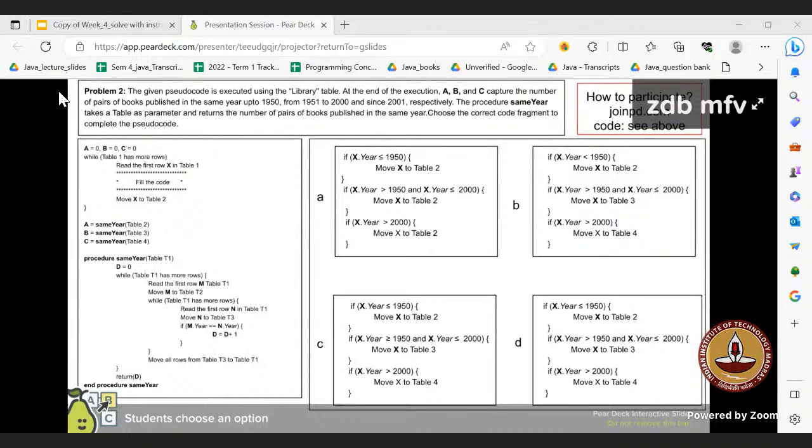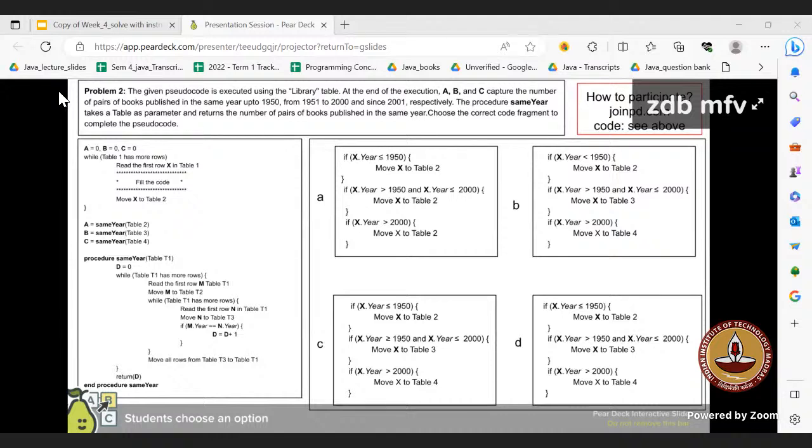Here in our question, all the books up to 1950 you move to one table, all the books between 1951 and 2000 to another table, and all the books published greater than 2001 to a different table.